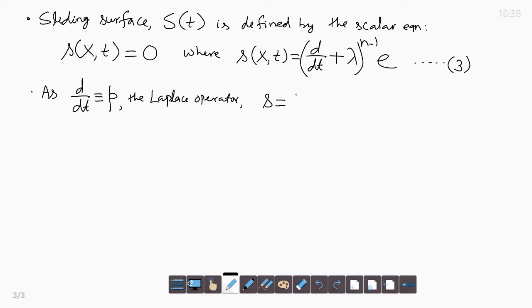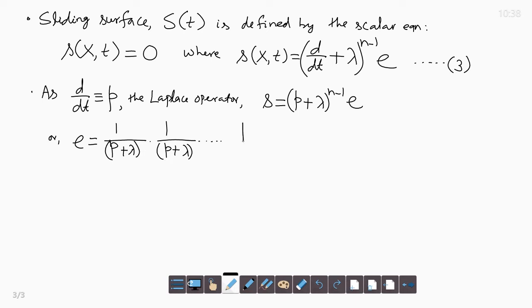s equals (p plus lambda) to the power n minus 1 into e, or e equals 1 upon (p plus lambda) into 1 upon (p plus lambda), continuing up to 1 upon (p plus lambda) times s.